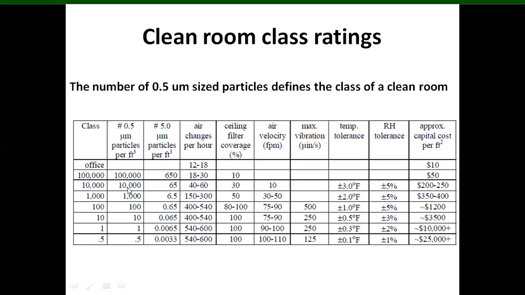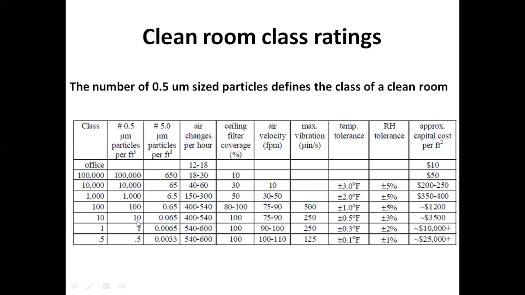If in 1 cubic foot there are 10,000 0.5 micrometer size particles, then the class would be 10,000. If there are only 1,000 0.5 micrometer particles, the class would be 1,000. Similarly, if the number of 0.5 micrometer particles is 100 in 1 cubic foot, then the class would be 100.